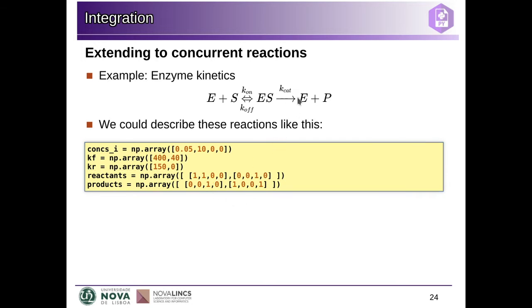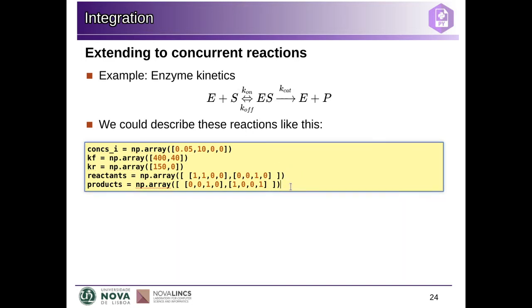And we have the same thing to describe these here. So in this case, we have E and P as products, 1, 0, 0, 1, and for the first reaction, we have ES as a product. So by creating these matrices with the stoichiometric coefficients and putting a 0 where we do not have a species, we can specify whatever set of reactions we want.